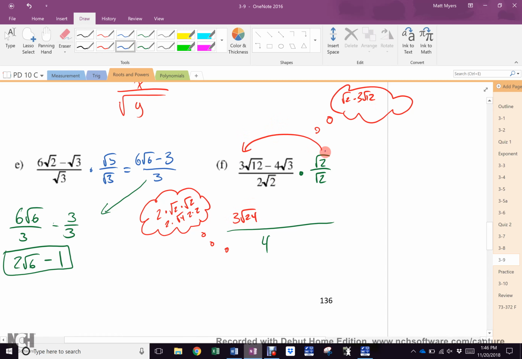And then I got another thought bubble. In this one, root 2 times 4 root 3 minus 4 root 6. Okay. Now what?